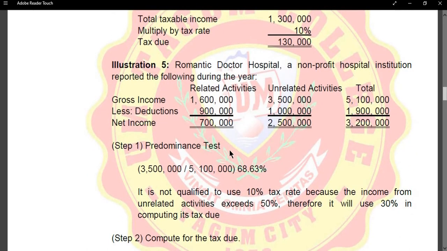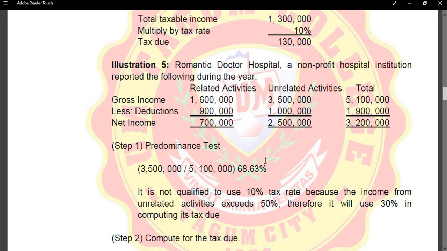So, predominance test again, step 1, you divide the income from unrelated activities by the total or the gross income of 5,100,000 pesos. The result is 68.63%. Therefore, its unrelated activities of 3,500,000 is more than 50% of the gross income of 5,100,000.